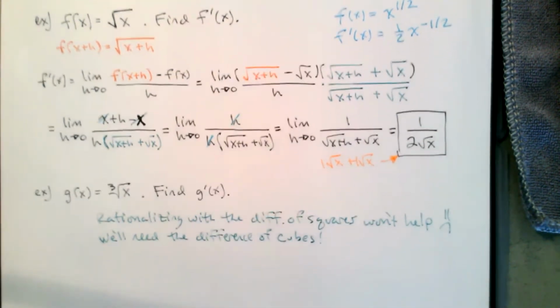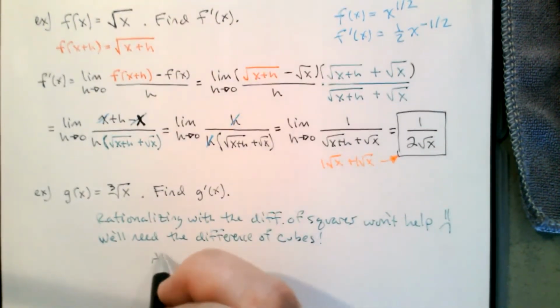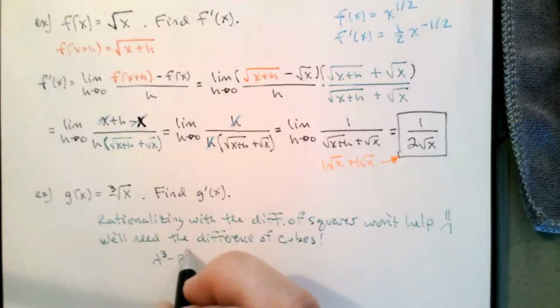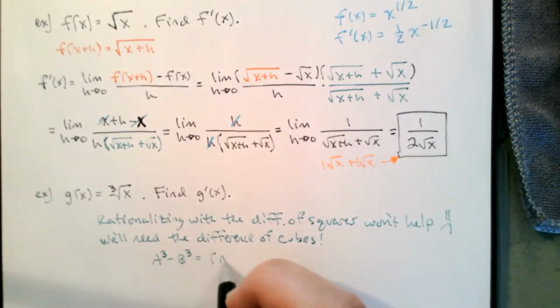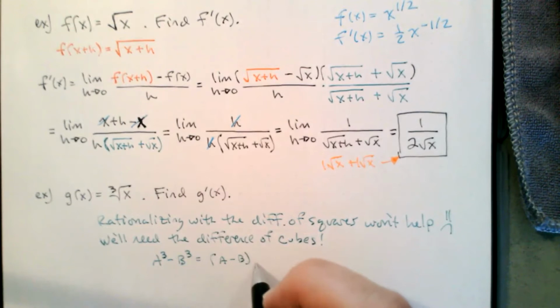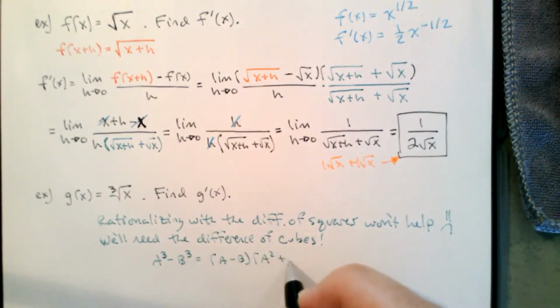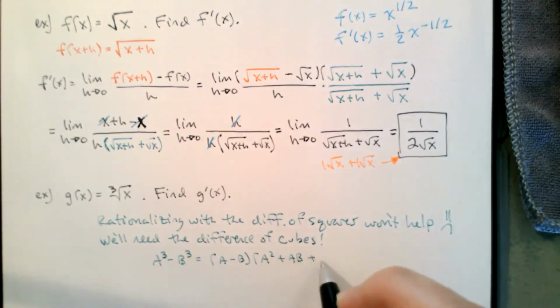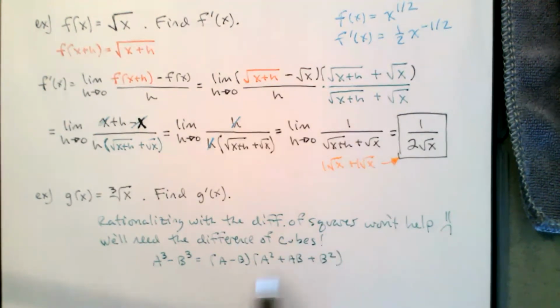So the difference of cubes says a cubed minus b cubed is a minus b times a squared plus ab plus b squared. If you multiply a minus b times a squared plus ab plus b squared, you'll end up with a cubed minus b cubed.